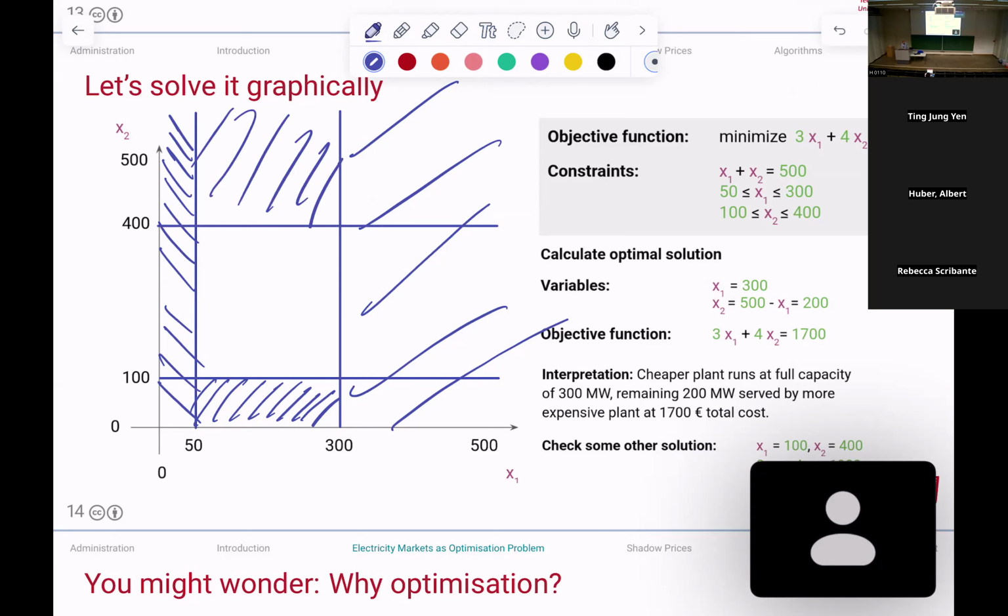But we have another constraint that we didn't consider yet. We have the case that the sum of x1 and x2 has to be equal to 500. So either we go everything with x2 and 0 with x1, or we supply everything with x1 and nothing with x2.